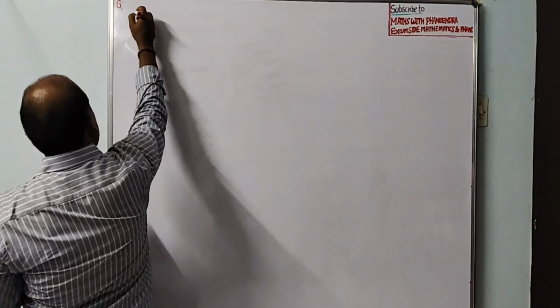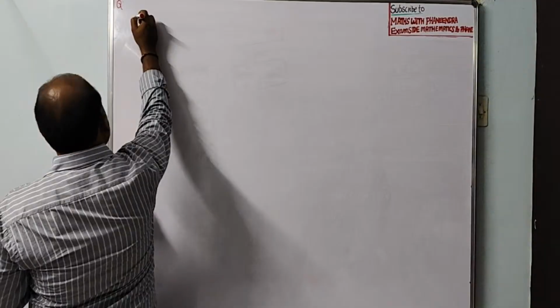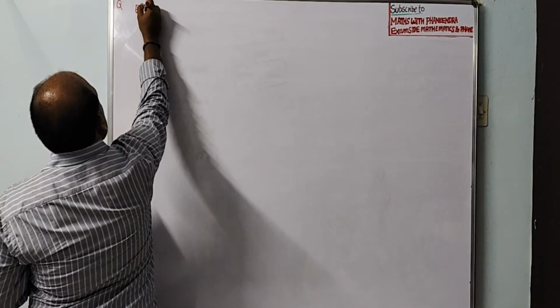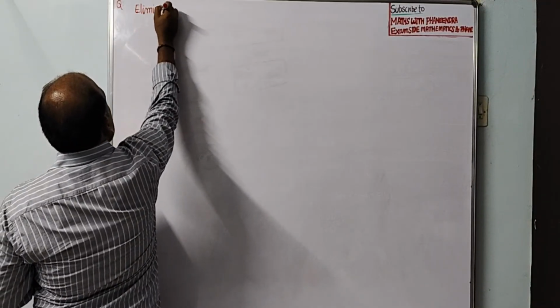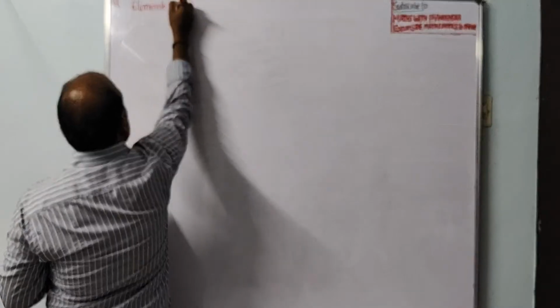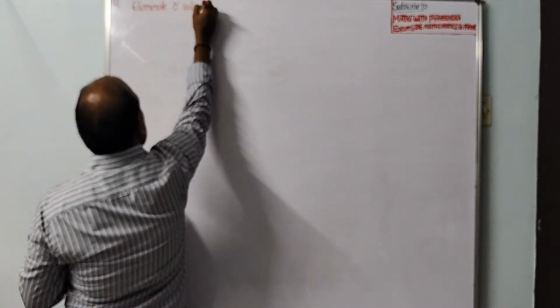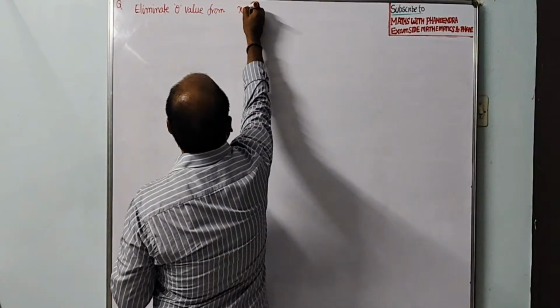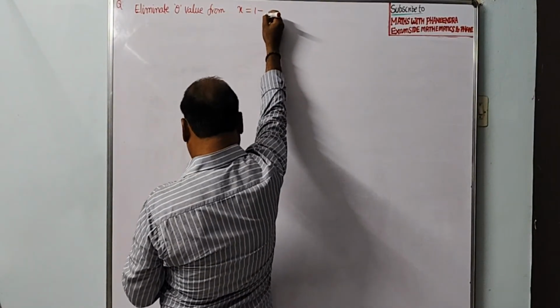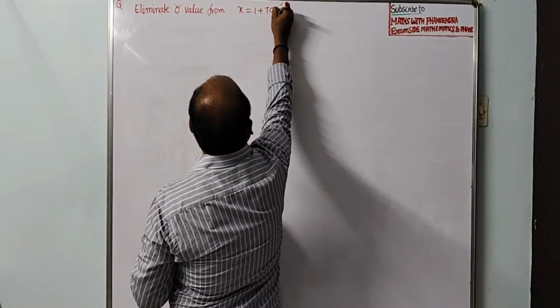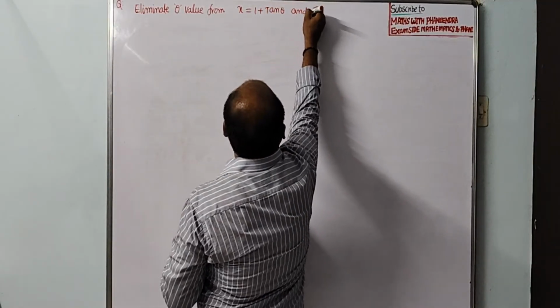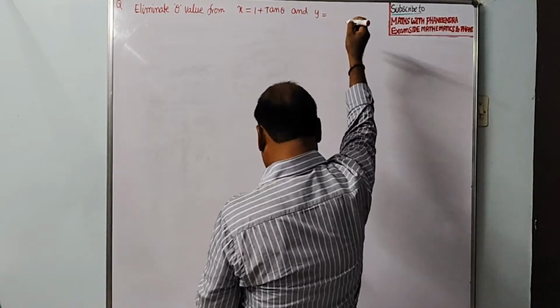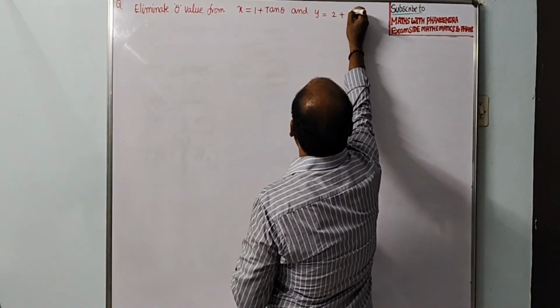Here the question is, eliminate theta value from x equal to 1 plus tan theta and y equal to 2 plus cot theta.